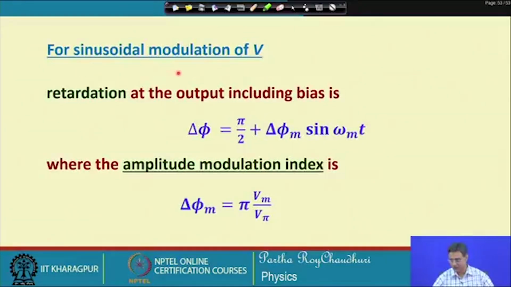For sinusoidal modulation of the voltage, the retardation at the output including the bias is given by pi by 2 plus del phi sin omega t. Then del phi m is the amplitude modulation index, because this is the depth of modulation, the strength of modulation, which is equal to this. We will see that del phi m is equal to pi V m by V pi, where V m is the modulating voltage, or it could be V 0 also.